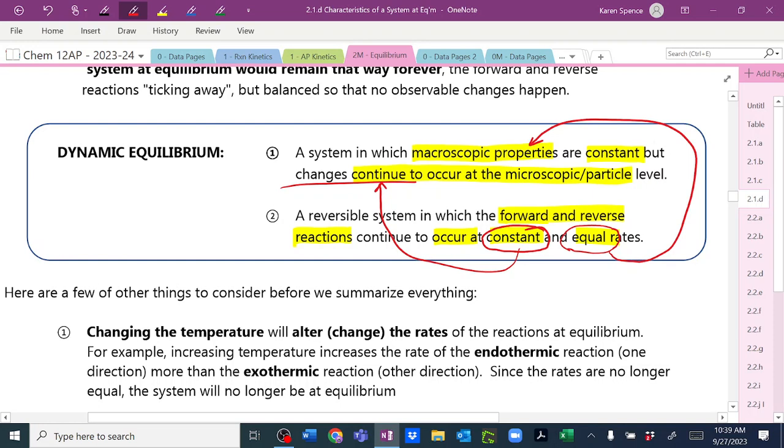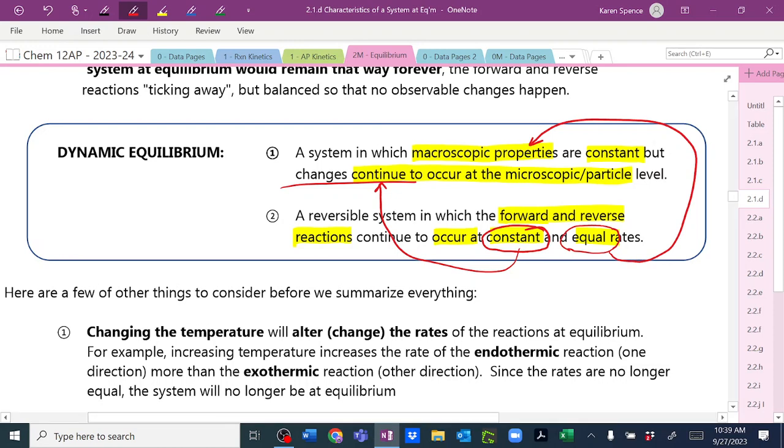Equal accounts for the macroscopic properties remaining the same, because if they are equal, you're not going to be making more of any one substance. So if something was colored, the amount of colored stuff would stay the same. Any other questions?